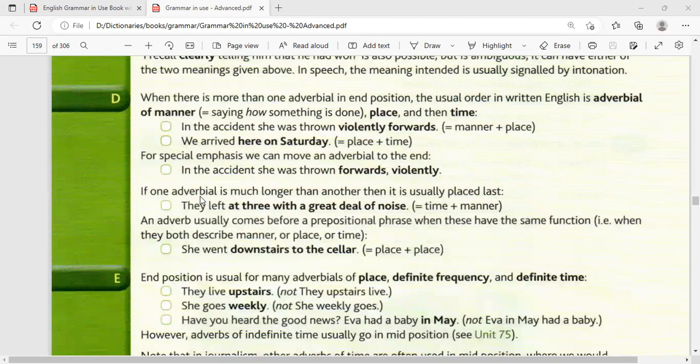Now let's move to section number D here. When there is more than one adverbial in end position, the usual order in written English is adverbial of manner, and then place, and then time. Again, Hannah, if you have more than one adverbial, what will you do?